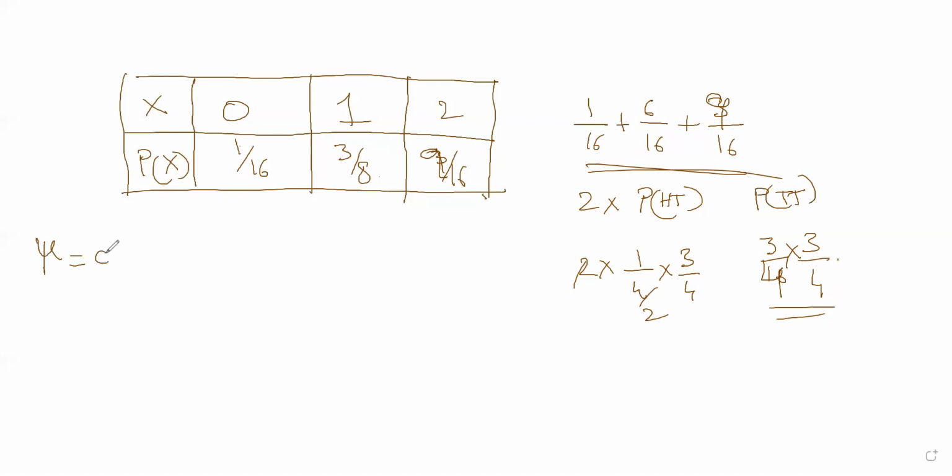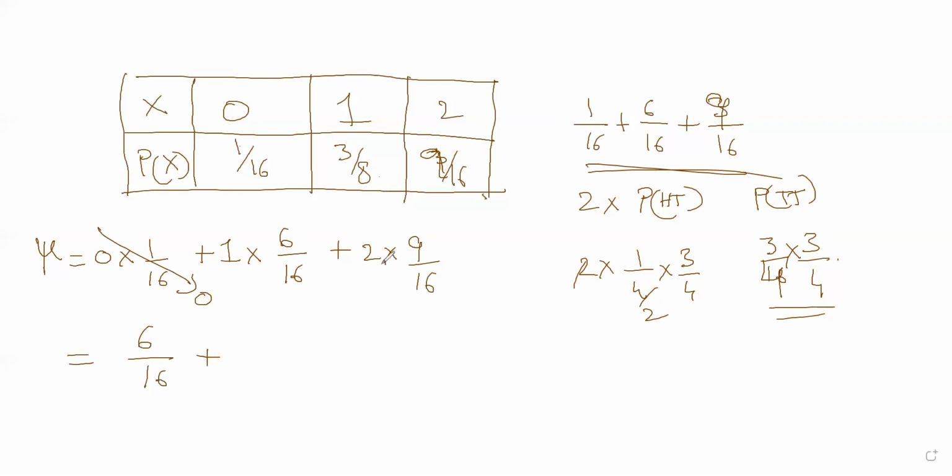So the mean is 0 into 1/16 plus 1 into 3/8, and 3/8 is 6/16, plus 2 into 9/16, which is 3/4 into 3/4 for the tails. Here the first term is 0, so this is 6/16 plus 2 into 9 by 16, that is 18 by 16. 6 plus 18 is 24 by 16, which reduces to 3 by 2. The mean value is 3 by 2.